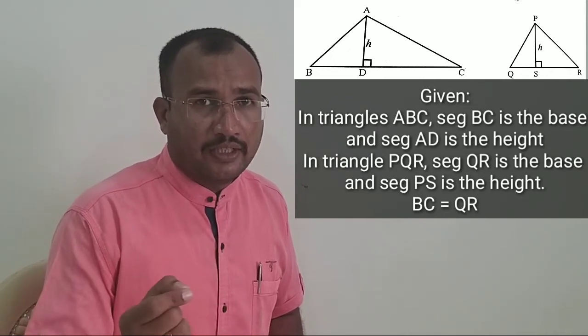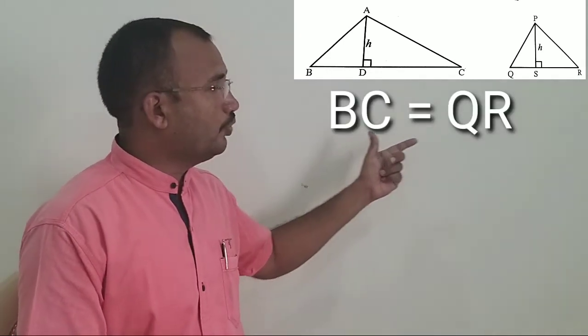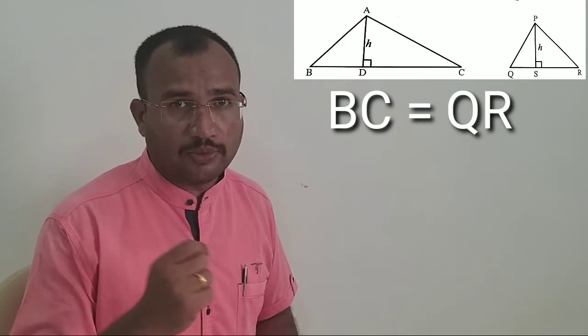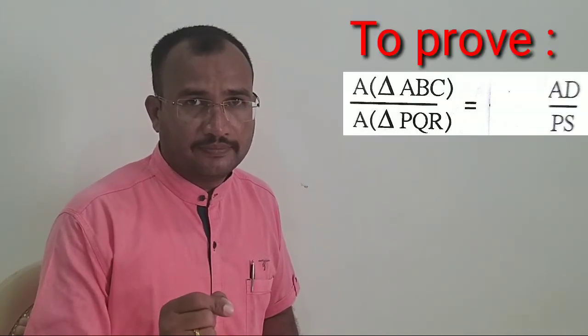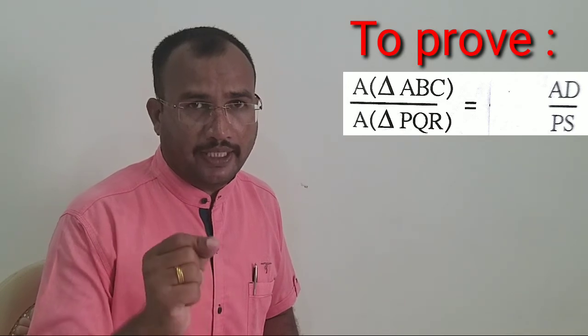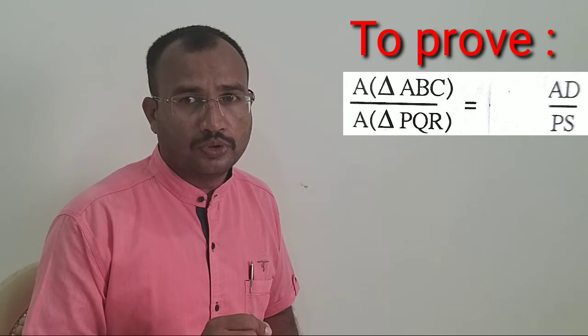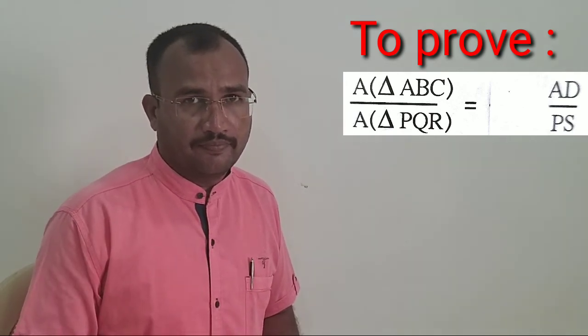But here the bases are equal, means BC is equal to QR. Again, to prove, area of triangle ABC divided by area of triangle PQR equal to AD divided by PS. That is our to prove.